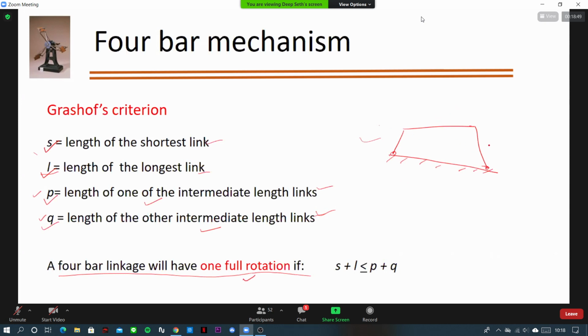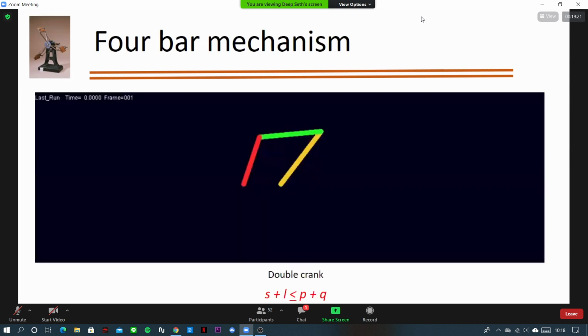You can have rotation in the other two links as well, but at least one link will rotate if the shortest plus the longest link is less than or equal to the other two intermediary links. So if the sum of the length of the shortest and the length of the longest link is less than or equal to the sum of P and Q, the other two intermediate links, then you will always have one full rotation in your mechanism. This is one thing to understand.